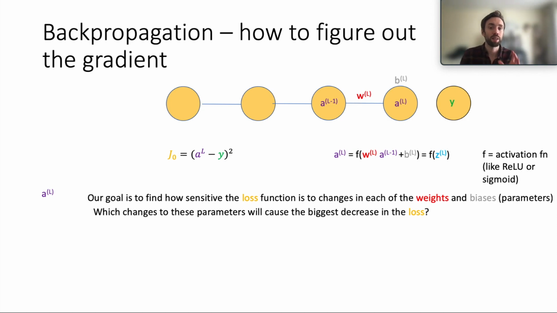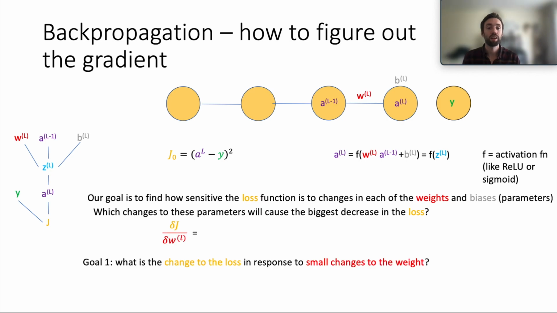We can think about this network as involving a chain of dependencies so that the activity in the final layer, AL, depends on the summed weighted inputs and bias term, ZL. ZL, in turn, depends on the weights from the previous layer, the activity of the previous layer unit, and the bias term.